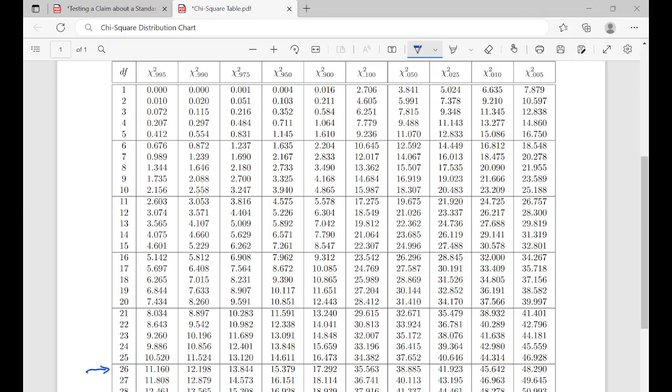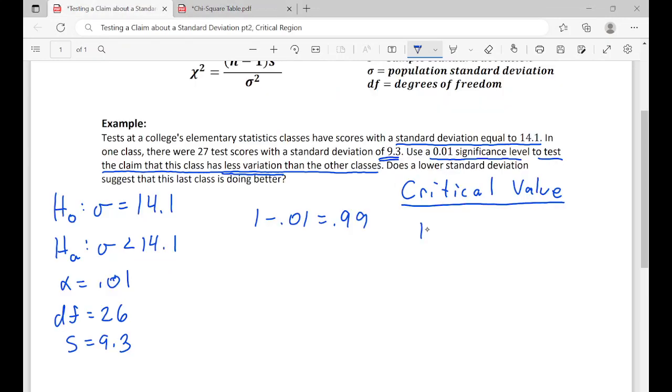And we're also looking for 0.99, which is going to be right here. So where do they match up? Match up right there at 12.198. So our critical value is going to be 12.198.